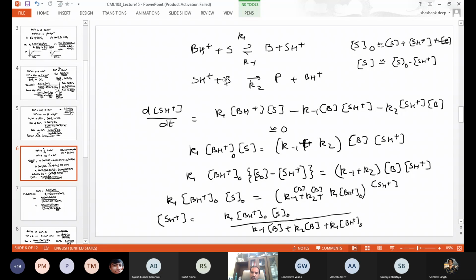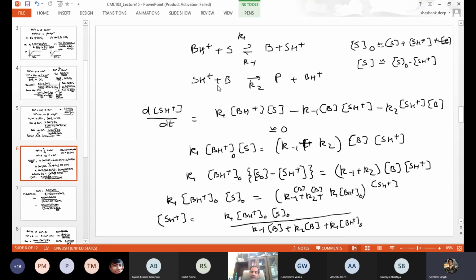In this case, I just showed you that in any condition you can't have a situation where the rate of reaction only depends on H plus ion. Am I right? Yes, either BH plus or other concentration would be required. It will depend on both the BH plus concentration and the B concentration.